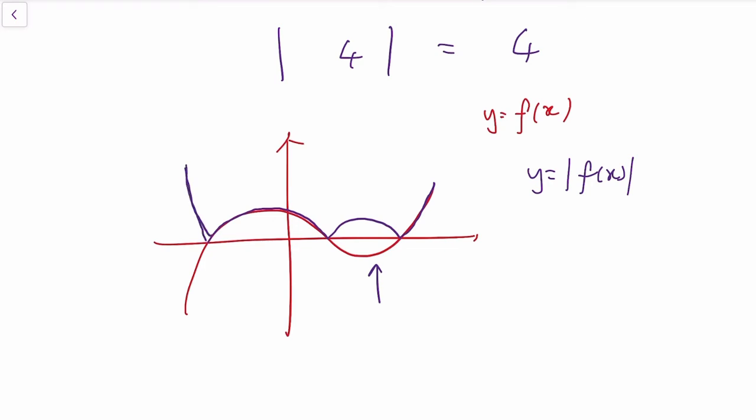Right here. This drawing is not good enough, but you probably know what I meant to draw. This is how absolute f(x) looks.